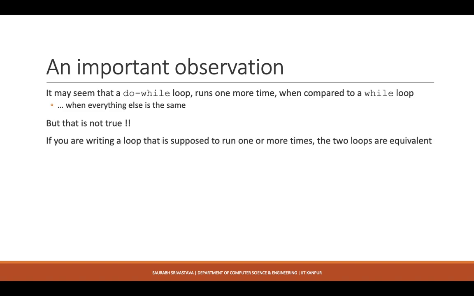What is happening here is do while will run at least once. So if for example your use case is such that your loop is supposed to run one or more times, then it is equivalent to use either do while or while.